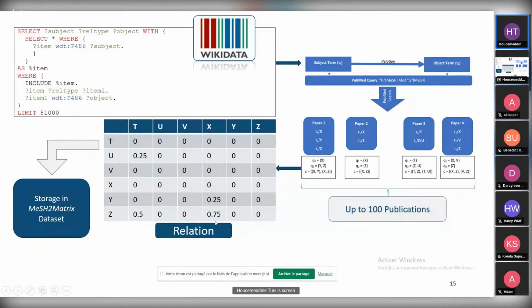And we also obtain an annotation of such a matrix using the Wikidata ID of the property that corresponds to the relation. So we now have a series of 89 times 89 matrices annotated by relation types that are P numbers, that are Wikidata property IDs. And this set of matrices annotated by labels is stored in the MeSH to Matrix dataset that we have created.